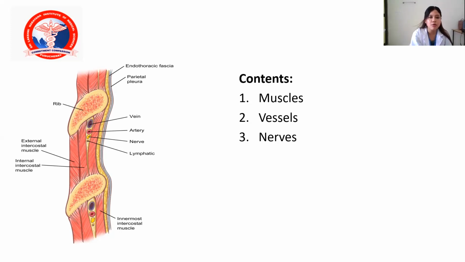These occupy the costal groove, in the most lower part near the lower margin. So definitely the intercostal nerve will have the longest course. So the contents of the intercostal spaces are muscles, vessels, and nerves.